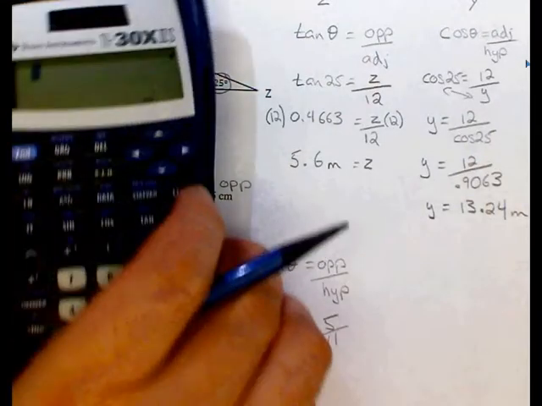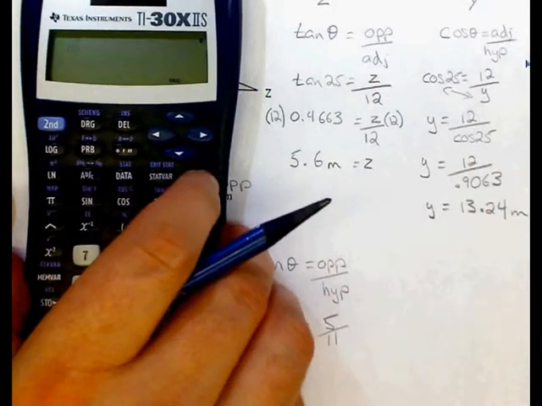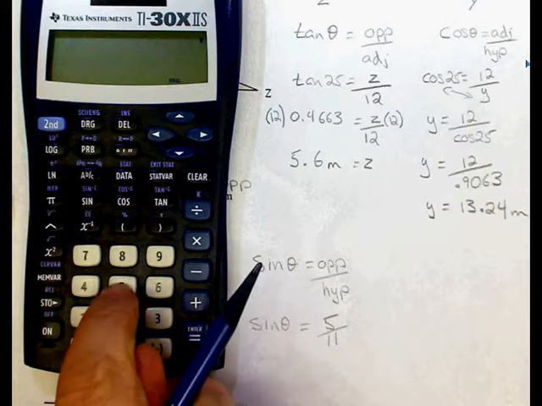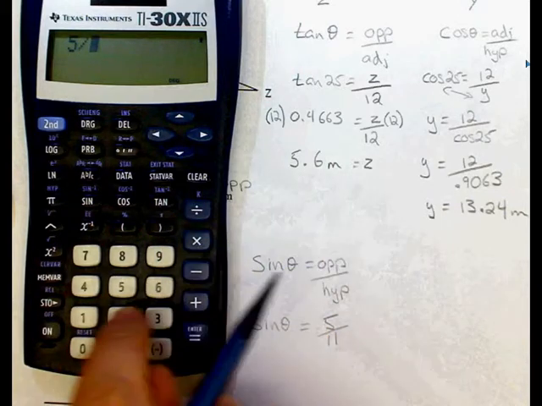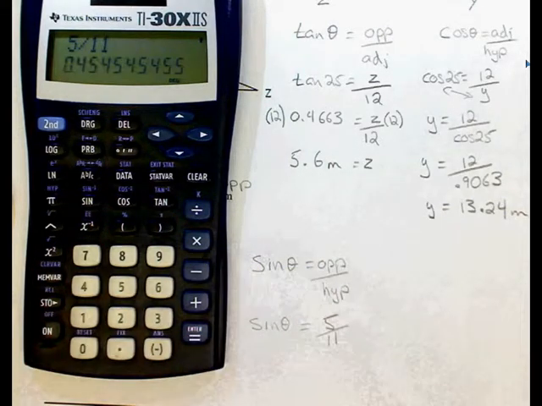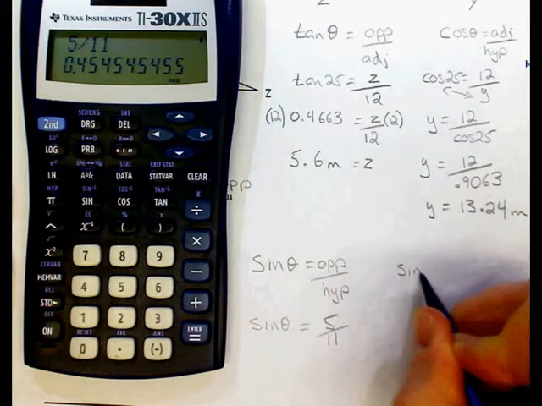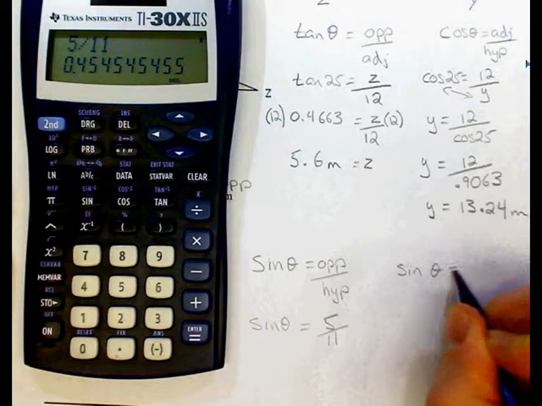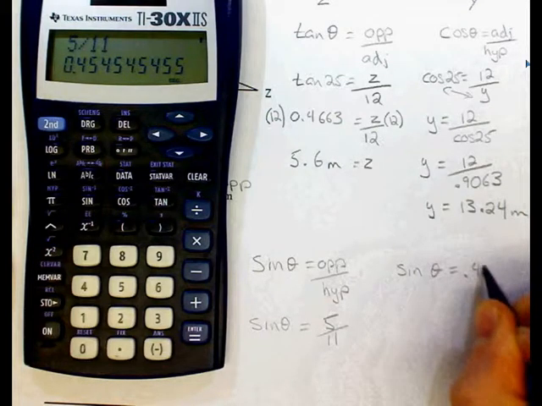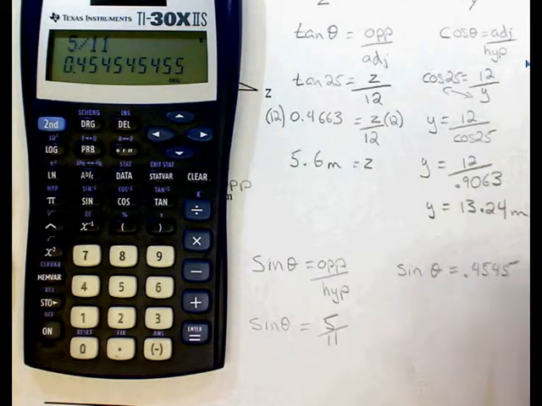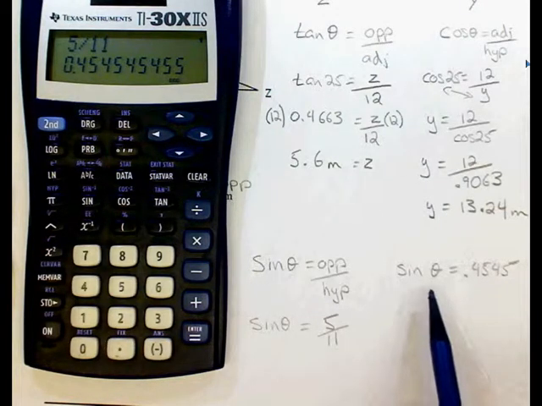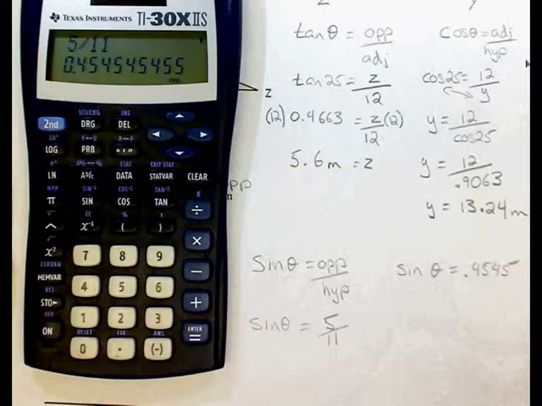Pull out our calculator. 5 divided by 11. 0.454545. So sine of the angle is 0.4545. Now in this case, to get the angle, we need to do the inverse of sine.